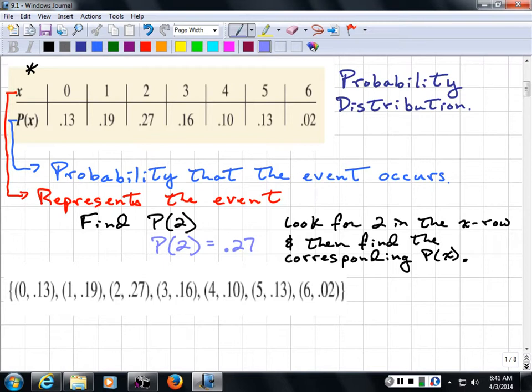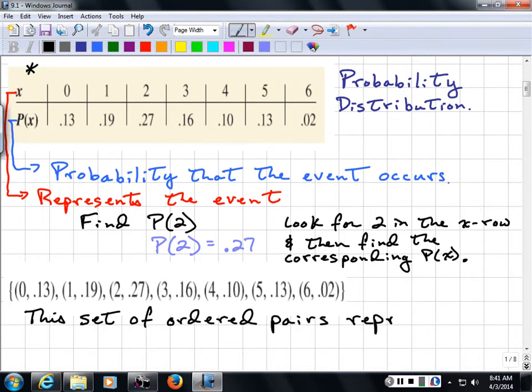Notice, though, that they're both positive values. You will always have positive x's and positive y's. Probability can't be negative, and the event can't be negative. It's always a positive outcome.